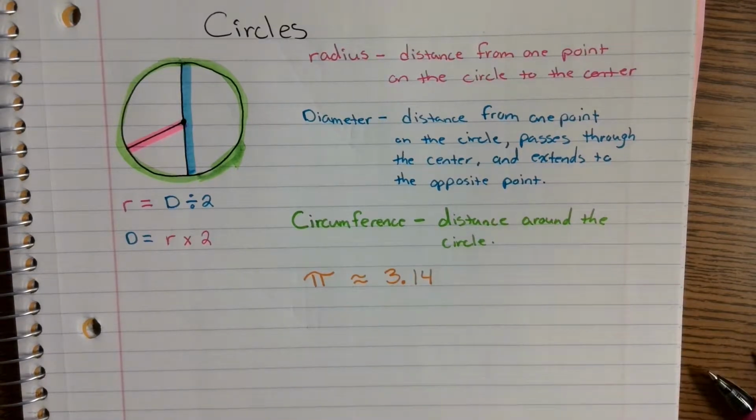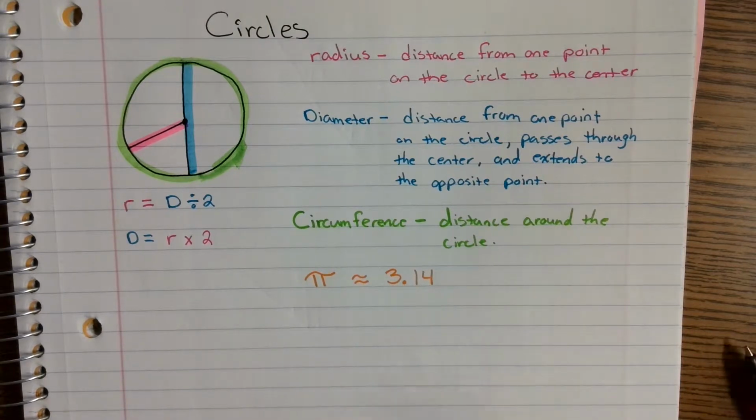We also use the fractional version, which is 22/7. That's the ratioed version. But we're going to focus mainly on using 3.14, for all intents and purposes. If you were to type in 22/7 and convert that to a decimal, you would get 3.14159. It keeps going on.